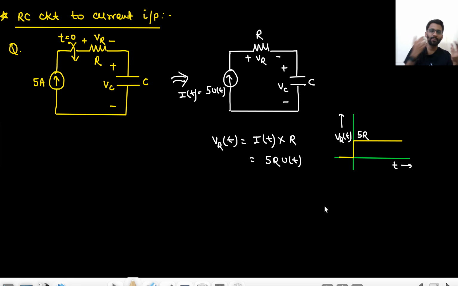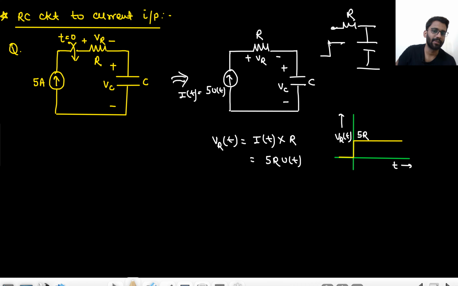Why is it not exponential? First thing is that this is not a first order equation, right? There is no differential equation. The second thing, the current is always the same. When we were studying this RC circuit with the voltage input, what was happening? Initially the current was 5 by R. Then it was gaining some voltage, let's assume 0.1.